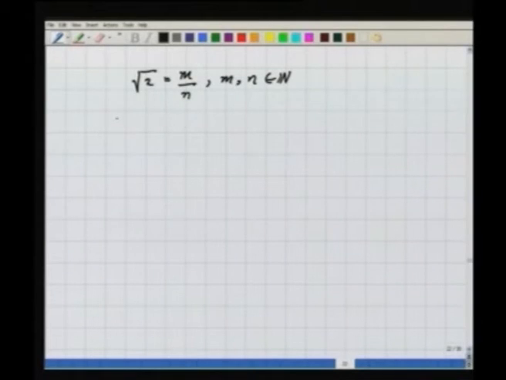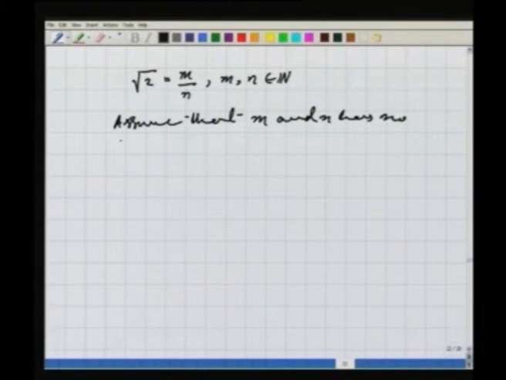So, let us assume that m and n have no common factor, of course, except 1. Well, if that is the case, this would imply that 2n² is m².